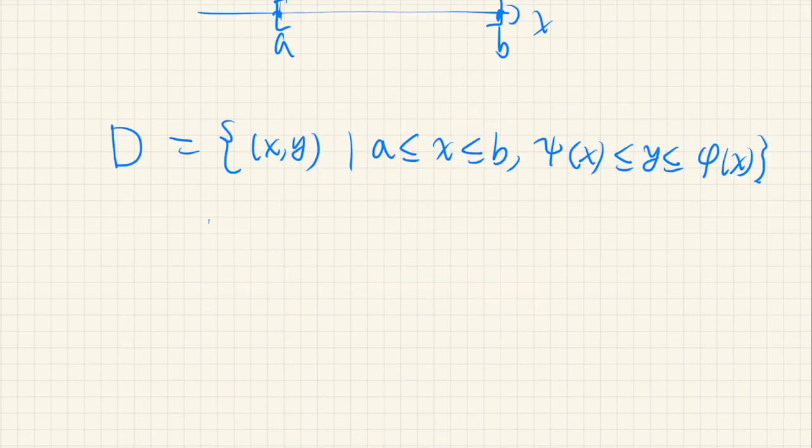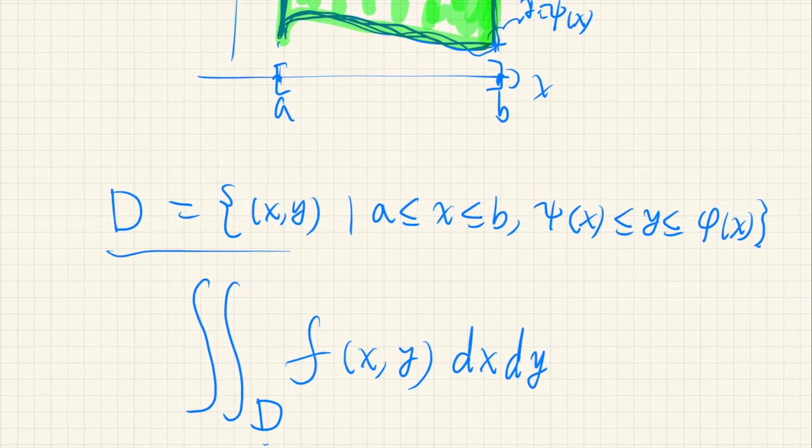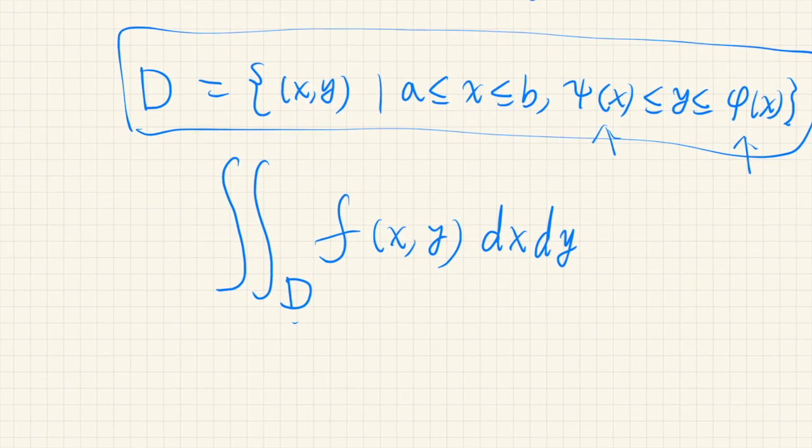Now we are going to find a way to calculate this integral. Suppose f of x and y is some function of x and y, and D is some set defined like this for some given functions psi and phi. So how do we do that?